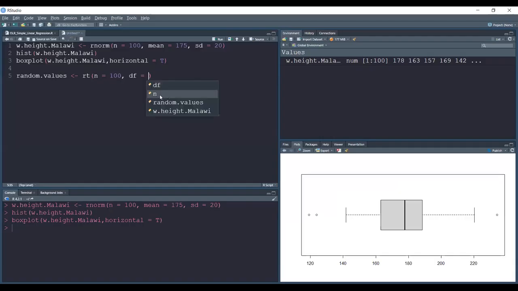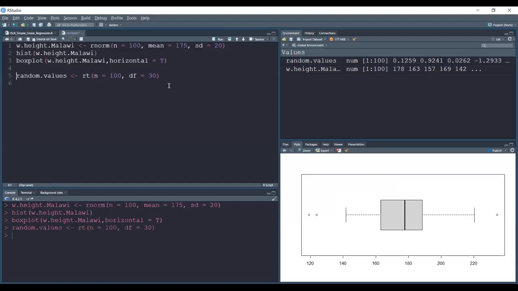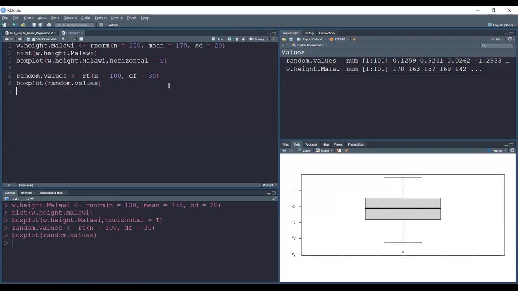Anyway, this is a very long explanation, but let's do a box plot of the random values. That's your box plot. Okay, so you have your median, which is below 0.